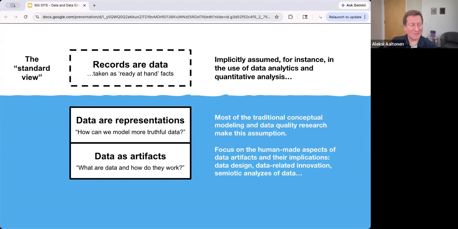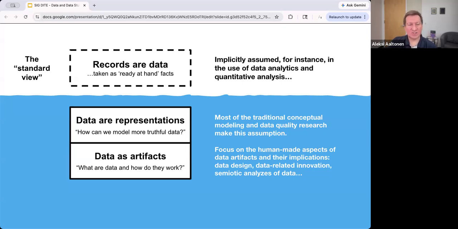However, as in Marta's slides we saw, data are also artifacts in our everyday environment. We actually relate and react to data. We react to data production. We are more and more conscious that our activities generate data all the time. So then the questions become, how are these data artifacts designed?